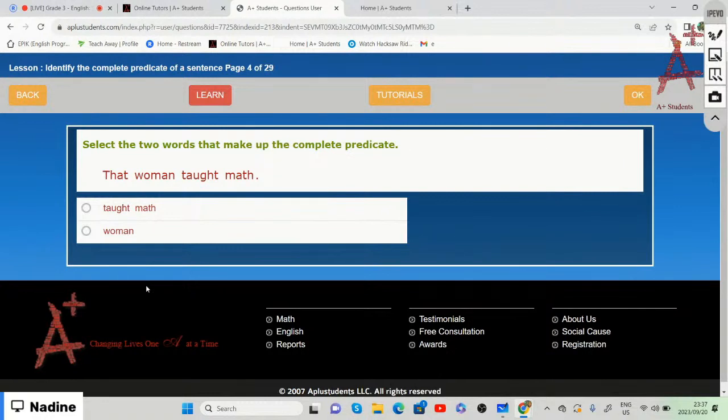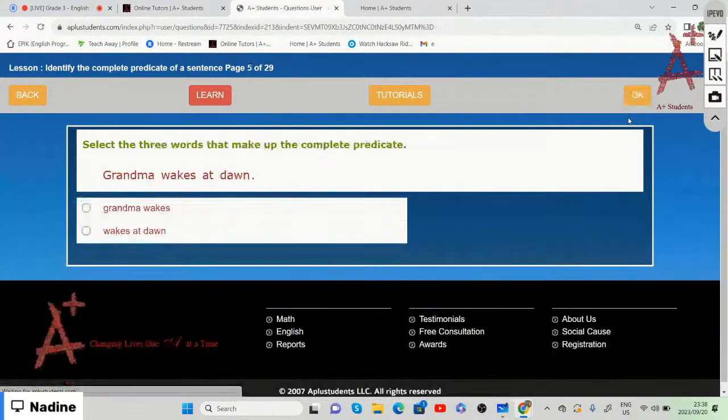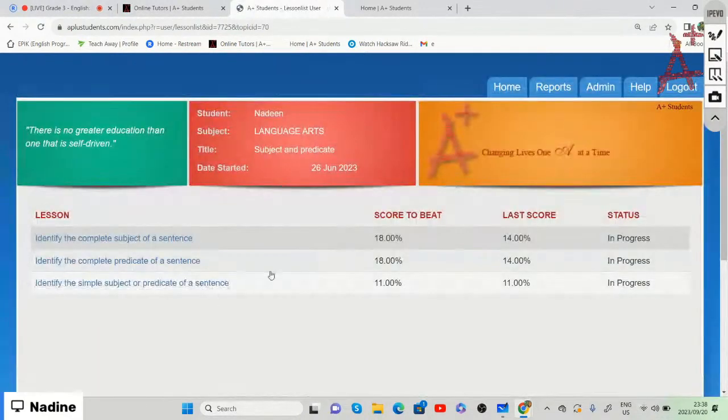The subject is that woman, but the predicate is taught math. So basically, that woman taught math. All right. So we have identified the complete subject as well as the complete predicate.